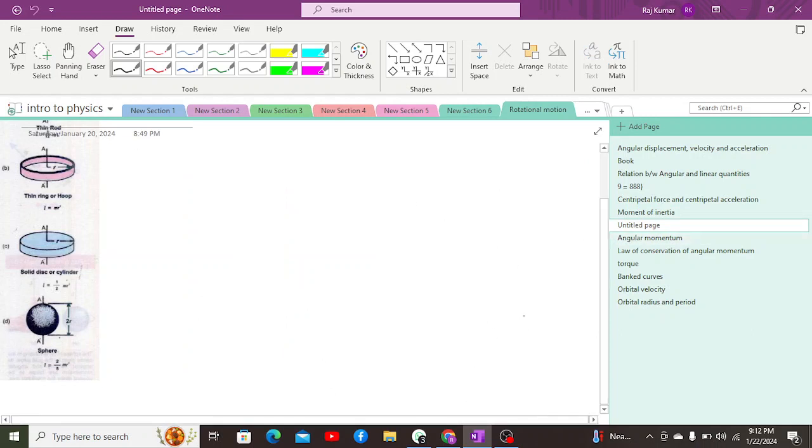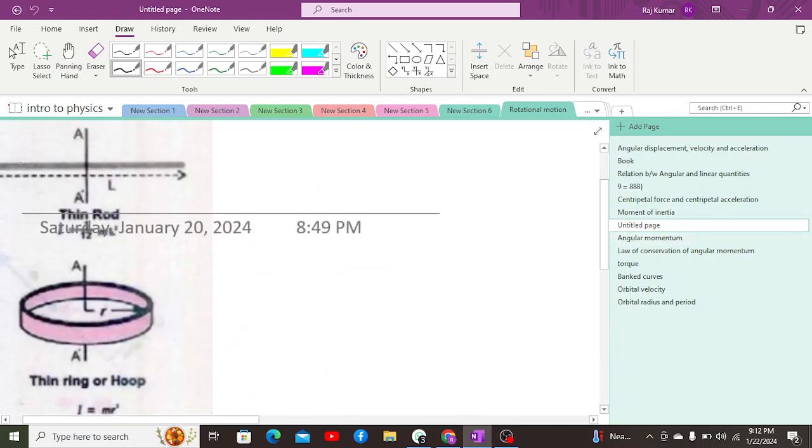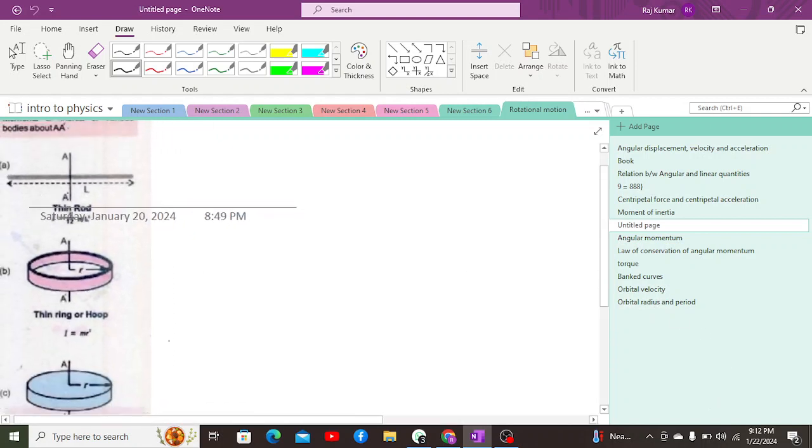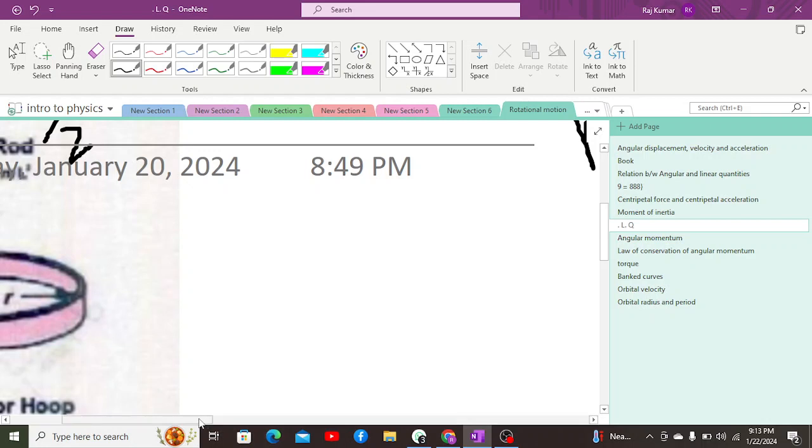These are some common objects for which we find the moment of inertia. As you can see, this is a thin rod. If there is a thin rod in which a mass particle is tied to the center of the circle from a distance L, the distance between the center axis of rotation and the mass is L upon 2, due to which we can put the value m L square.